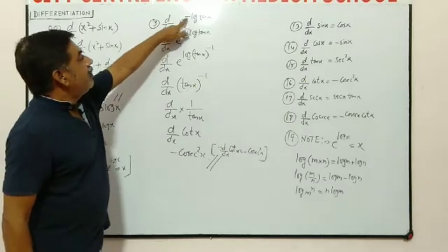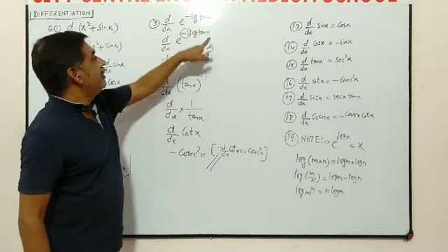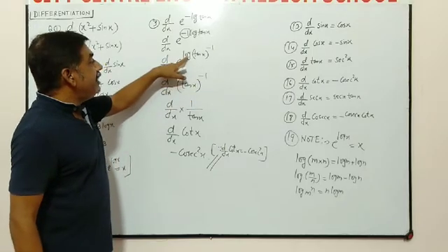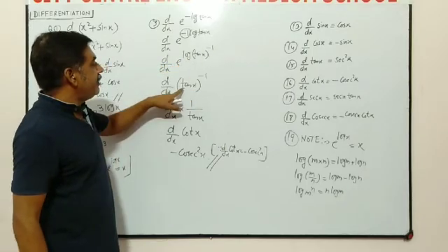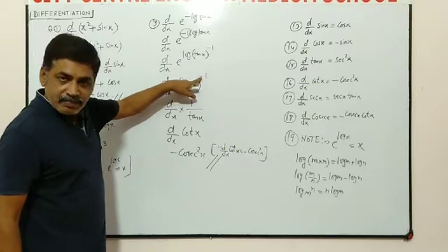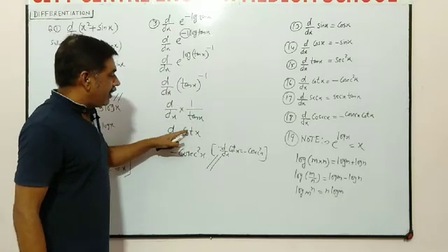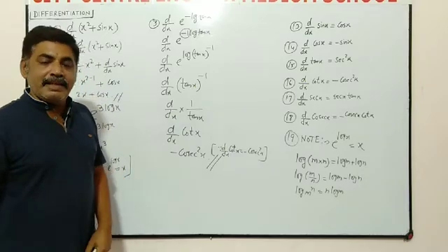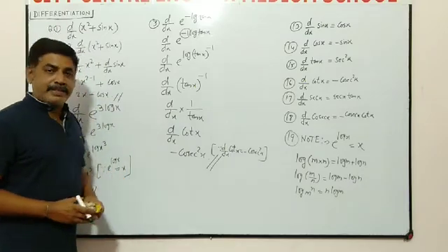So first of all, remove that negative sign, put it in the power, and then compare with e raised to log x is equal to x. Then remove this negative power. 1 upon 10x, 1 upon 10x cot x, and differentiation of cot x is minus cosec square x.